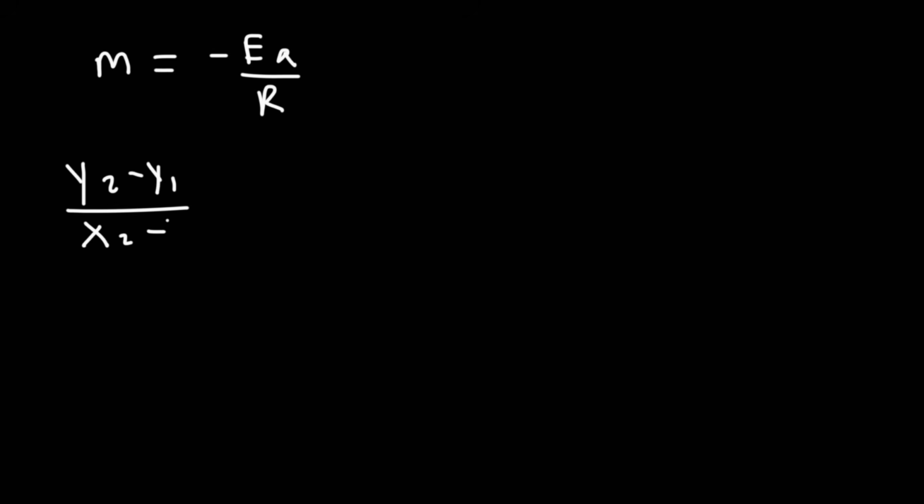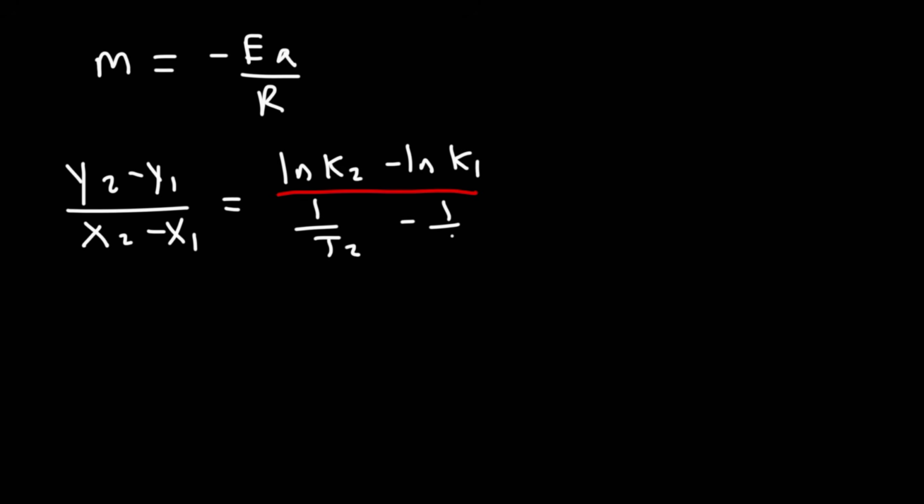Now the slope m is equal to negative Ea over R. And the slope is y2 minus y1 divided by x2 minus x1. ln k is on the y-axis, 1 over T is on the x-axis. So if y is equal to ln k, we could say that this is ln k2 minus ln k1, all divided by 1 over T2 minus 1 over T1.